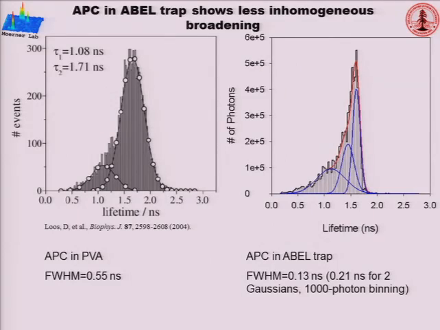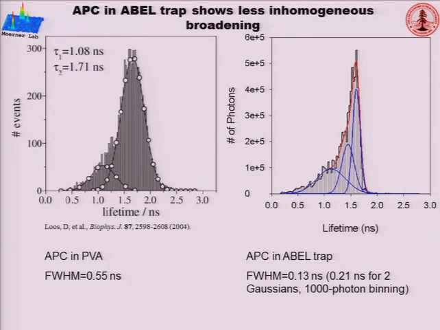Okay, what about the lifetimes? On the right, I've taken all the lifetimes that I've measured. I made a big histogram. Single molecule people love to make big histograms. In that PVA group, the 6-step photobleaching group, they made that same histogram. And they look pretty similar. But the biggest difference that I see between these 2 is that in the immobilized case, the histogram's a lot fatter.